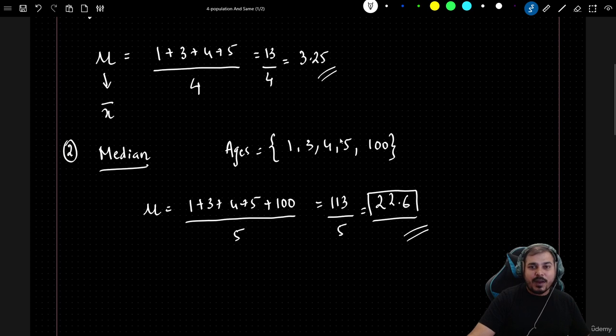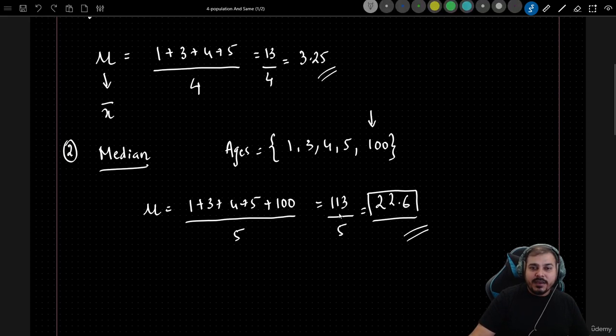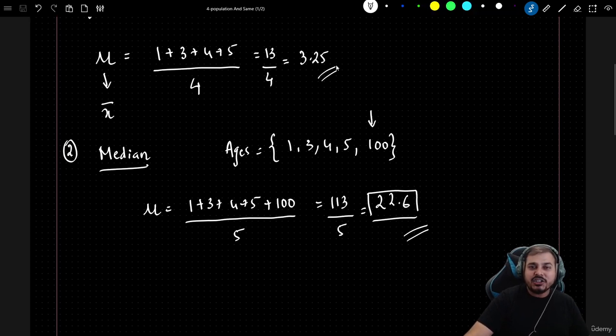Now you see this. Suppose this outlier is added to the distribution and I apply the same mean formula. Initially, when I did not have this outlier, my mean was 3.25.